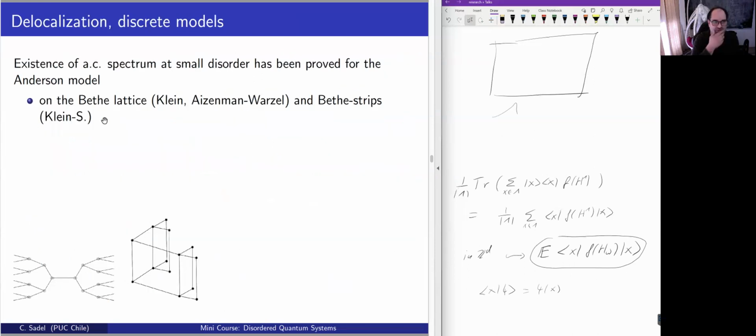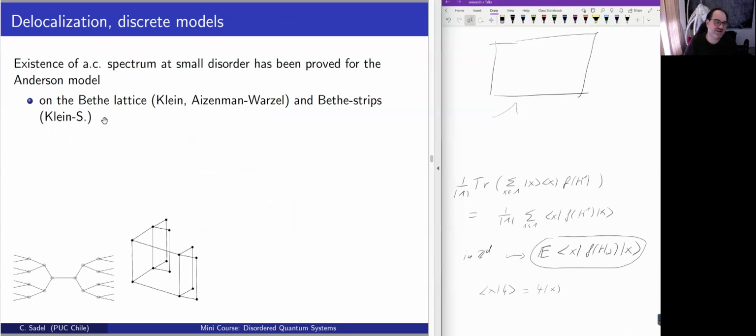And then let me talk about delocalization results. The three-dimensional, the Z^d models, and also the R^d models somehow are still out of reach. But people have looked at other graphs that have some advantages for proving delocalization.